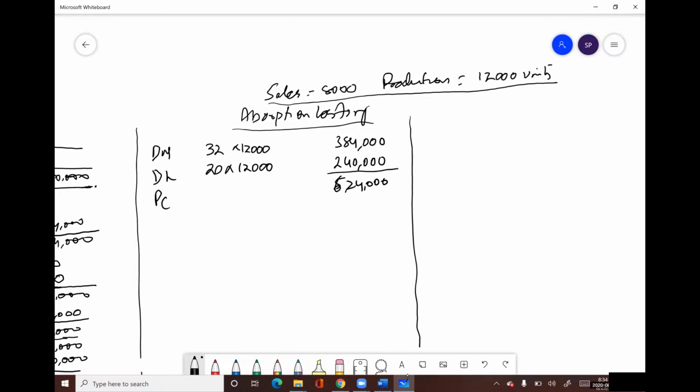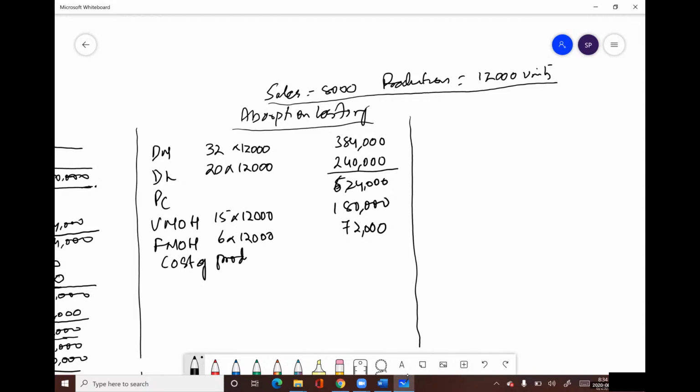Variable manufacturing overhead, 15 into 12,000: 1,80,000. Fixed manufacturing overhead, 6 into 12,000: 72,000. Cost of production: 8,76,000.